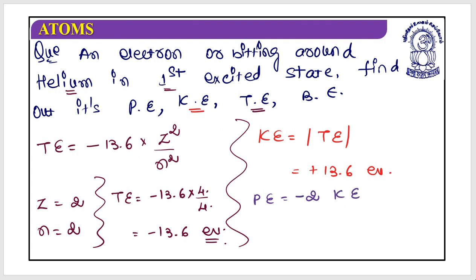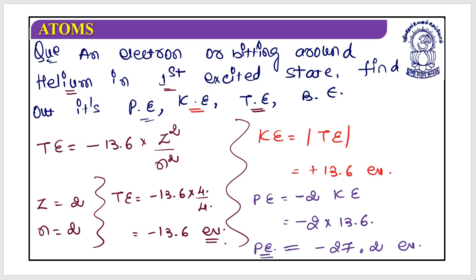So it is twice the kinetic energy, but negative. It's minus 2 multiplied by 13.6, which is minus 27.2 eV. This is the potential energy. I hope this is clear.